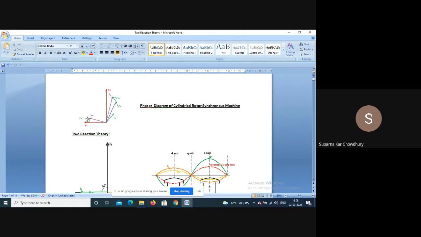Now in this phasor diagram, we have simply added all the phasor quantities by the phasor summation method. That is because we considered a cylindrical rotor machine, so its air gap is constant.